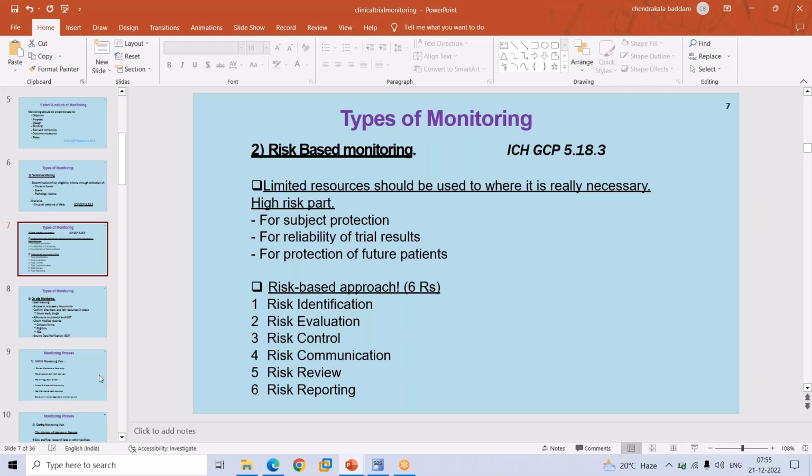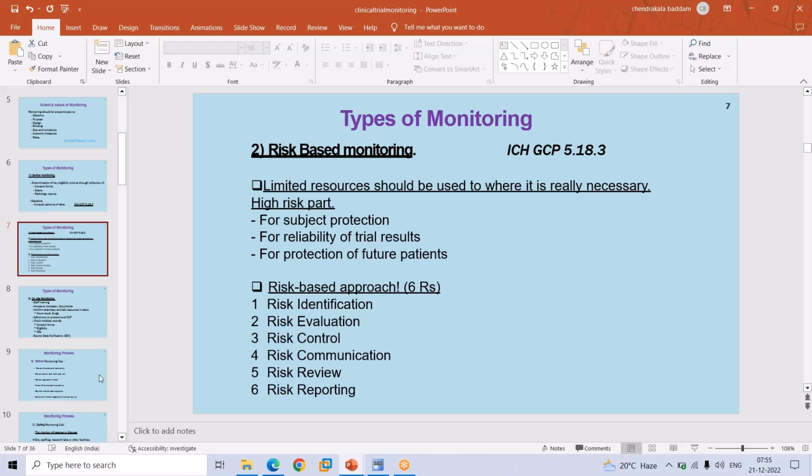At the same time, risk will be communicated to the parties. Review will be done. Then risk reporting will be done. So this is the risk-based approach.